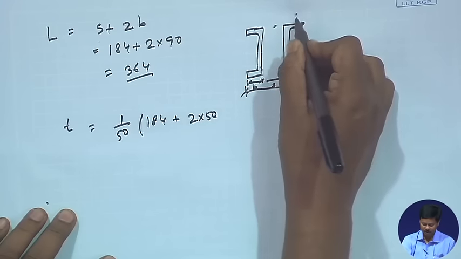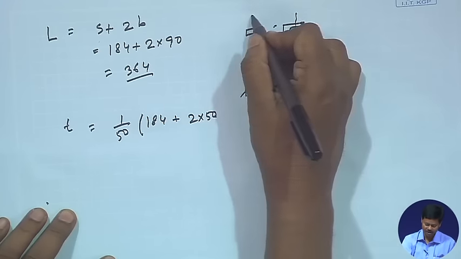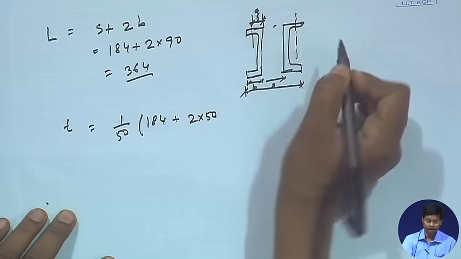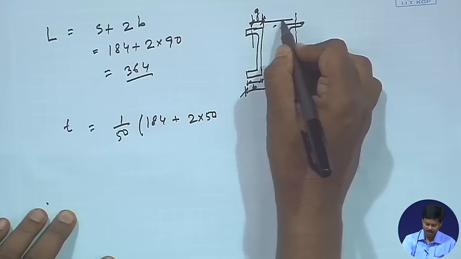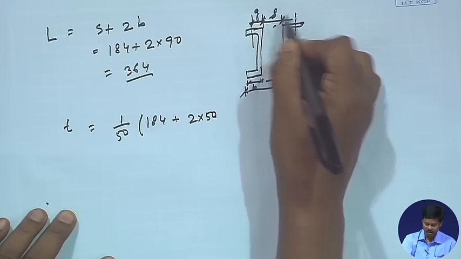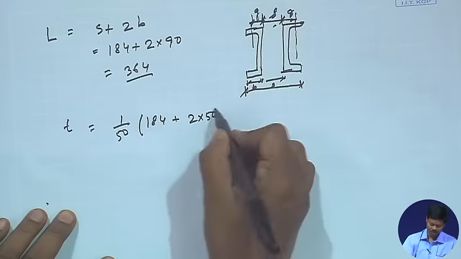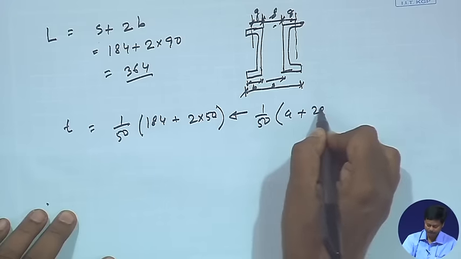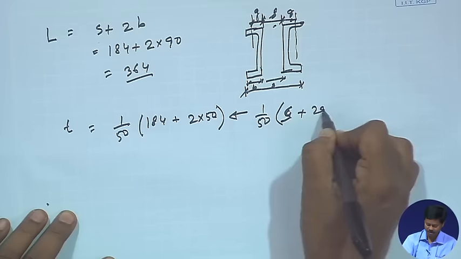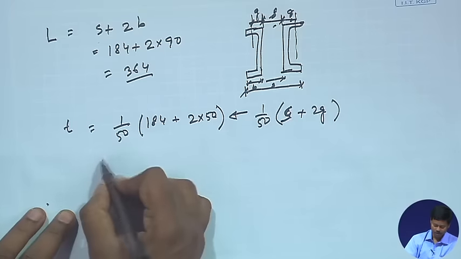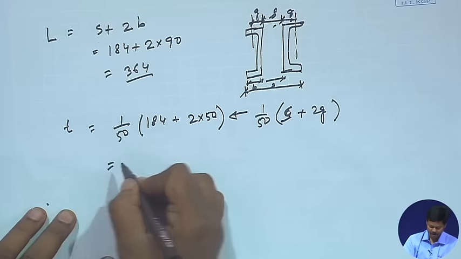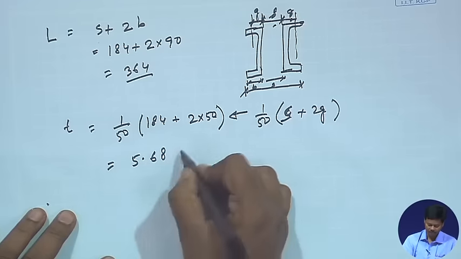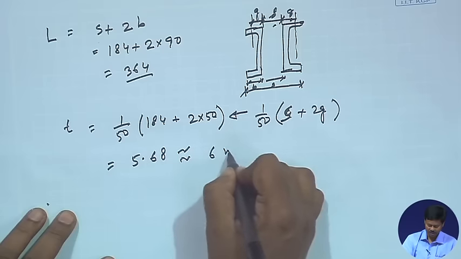Inner bolts means, if this is the G, then we can consider this is a G, right, and this is S and this is G, the gauge distance. So, basically we have considered 1/50th of S plus 2G, right. So, from calculations I can find out thickness is 5.68 millimeter. So, we can provide 6 mm thickness.